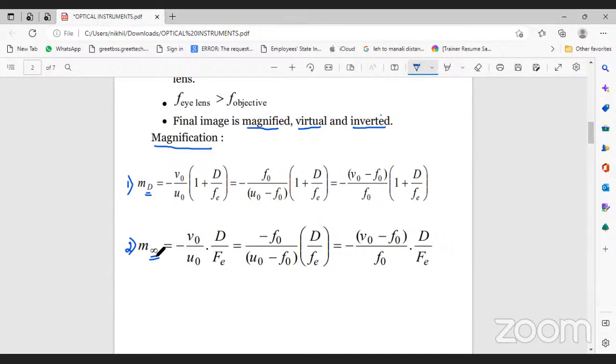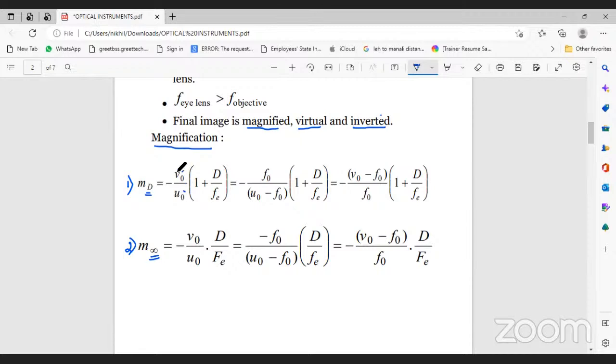Infinity, sir. Yeah. Look at this. We have different terms here: V naught divided by U naught into 1 plus D by Fe. What is V naught and what is U naught?